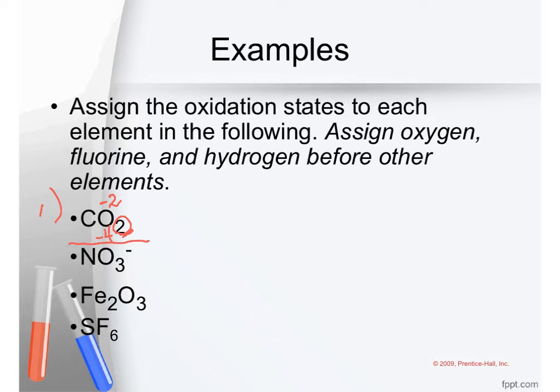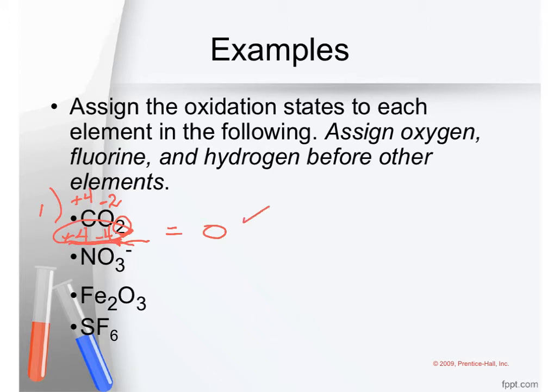I also know that this compound has no charge, so whatever oxidation numbers I assign better add up to 0. Since the 2 oxygens together contribute -4, I know this one carbon must be assigned an oxidation number of +4.